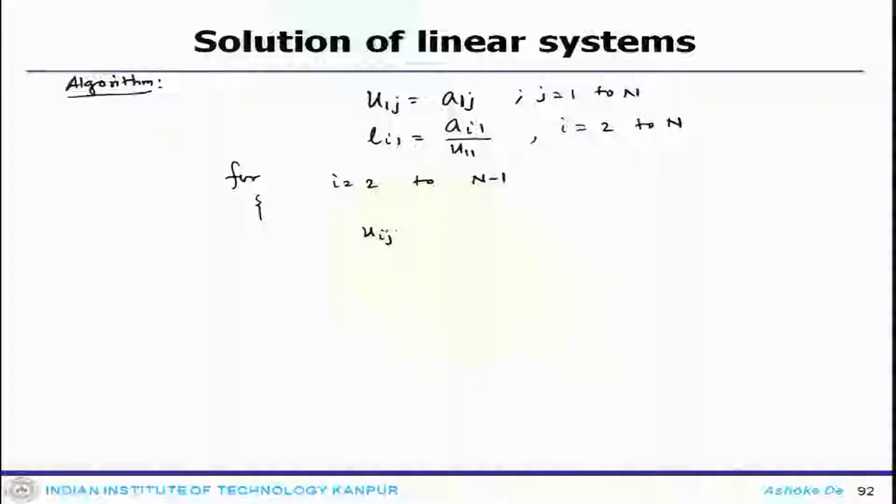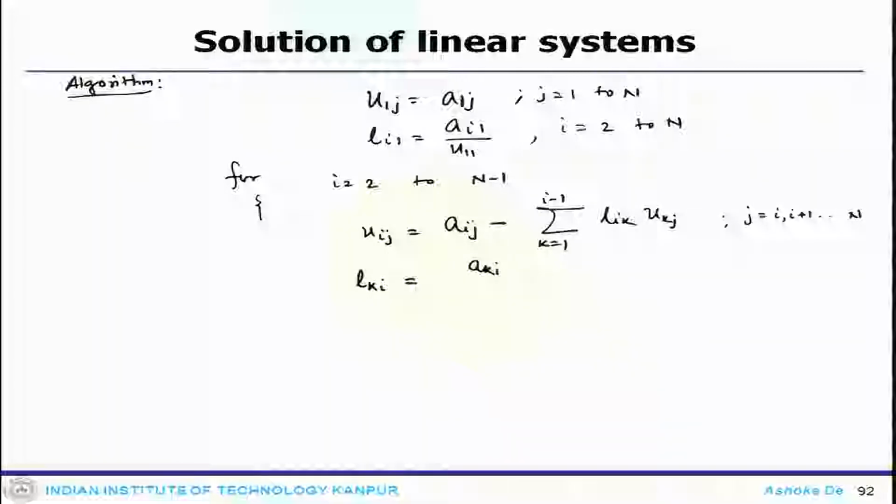then uij equals aij minus the sum over k equals 1 to i minus 1 of Lik ukj, where j goes from i plus 1 up to n, and the lower triangular system is aki minus the summation over j equals 1 to i minus 1 of Lkj uji, where k goes from i plus 1, i plus 2, so on to n.